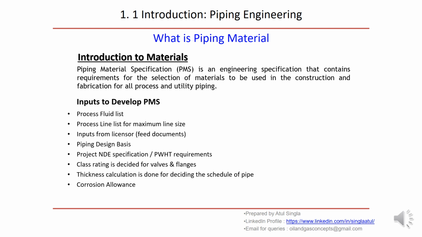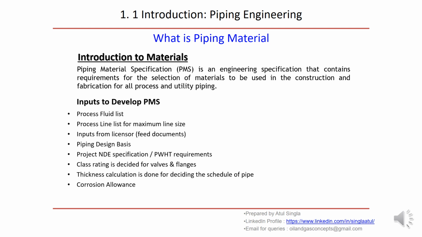Then comes piping material. PMS, piping material specification, is the basic document which is used throughout the life cycle of the project to select the material which we are going to use in construction and fabrication of all process and utility piping. To develop the PMS, the following documents are required. Process fluid list, which will be given by process, then process line list for maximum line size, inputs from licensor; these are the feed documents which you receive at the start of the project.